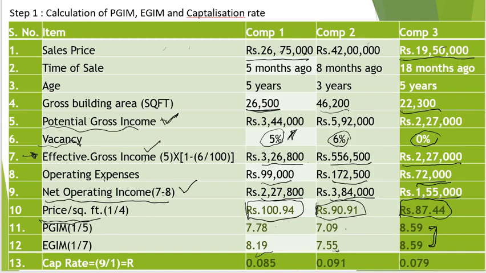So net operating income 2,27,800 divided by 26,75,000, 0.085. Here 3,84,000 divided by 42 lakh, 0.091. Similarly 1,55,000 divided by 19 lakh 50,000, 0.079. So these things will be now used further to find the value of the subject property.